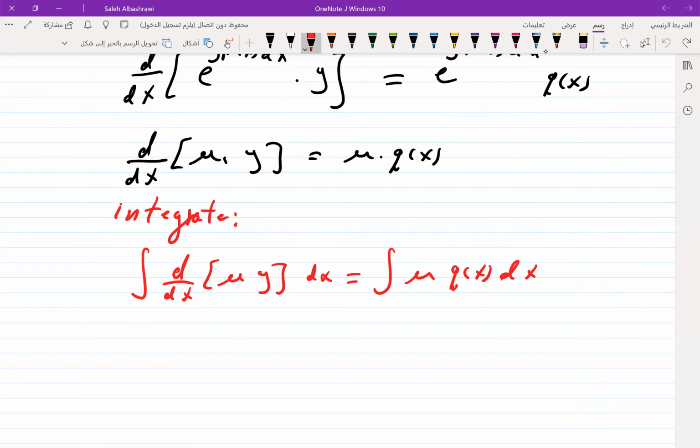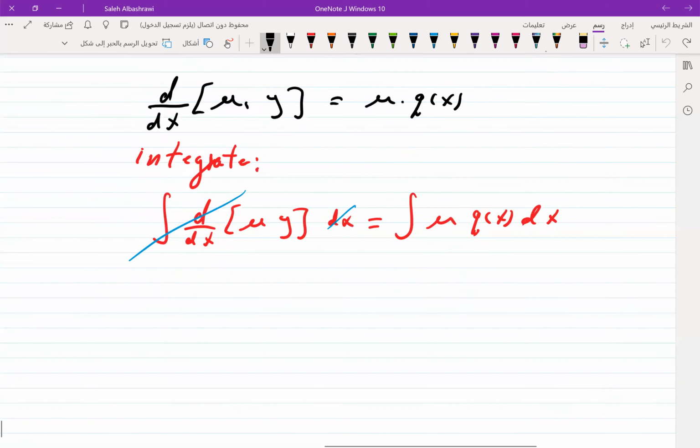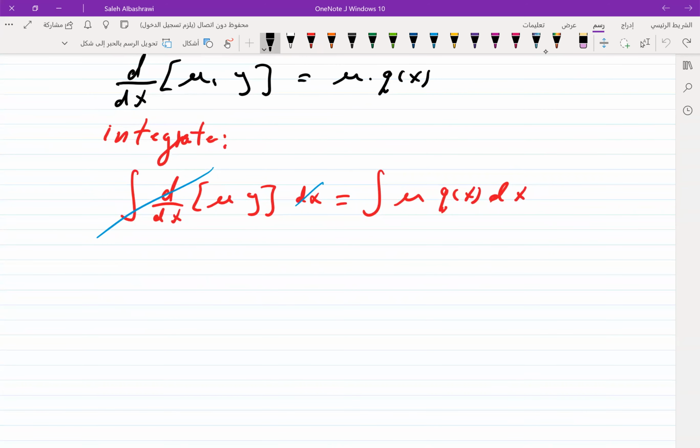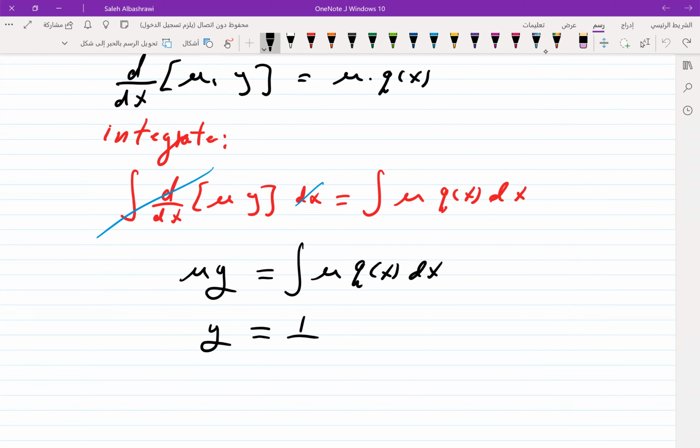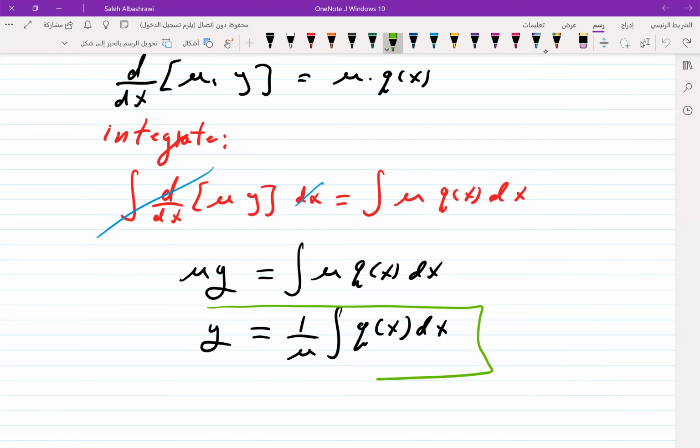But we know that integration and derivative are inverse of each other, so this will cancel. I will have only mu y equal to the integral of mu q(x) dx, or y equal to 1 over mu times the integral of mu q(x) dx. So this will be the solution for the differential equation.